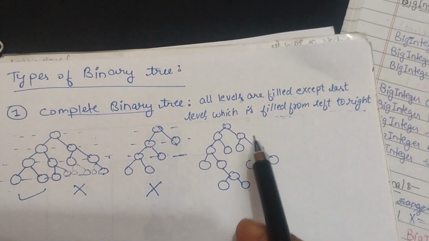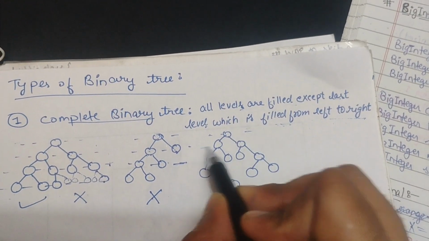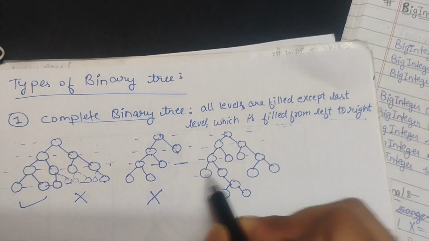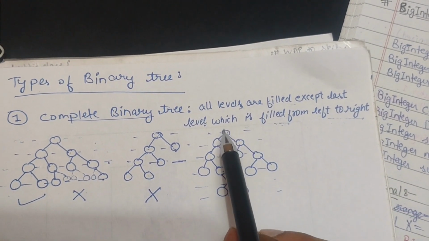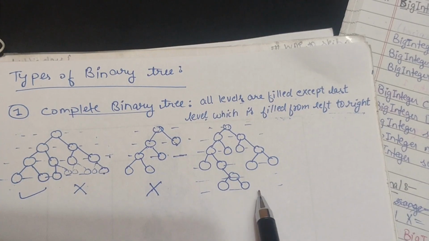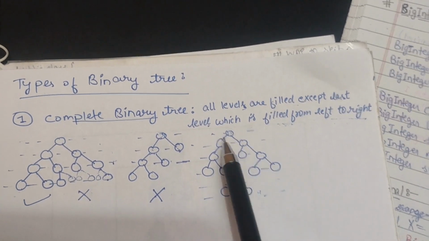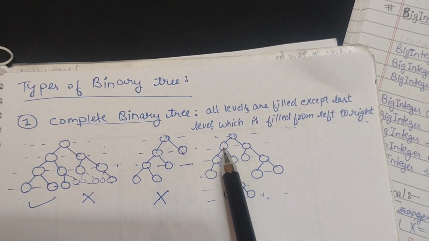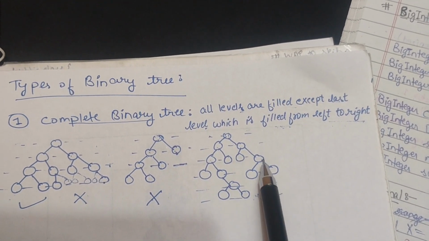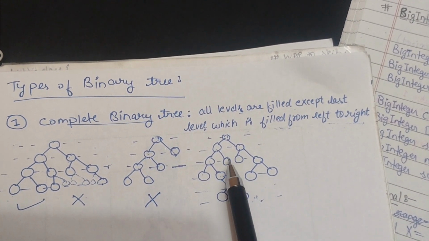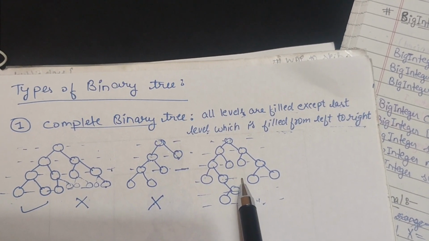Now in the next example, we again segregate the nodes level wise. Okay, now we'll check whether all levels except the last level are filled or not. It should have 2 nodes. It is having 2 nodes. This is also having two nodes. This is also having two nodes. This is also having two nodes, but this is not having two nodes.